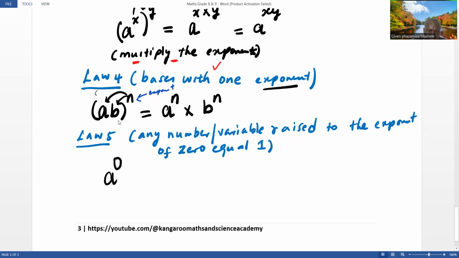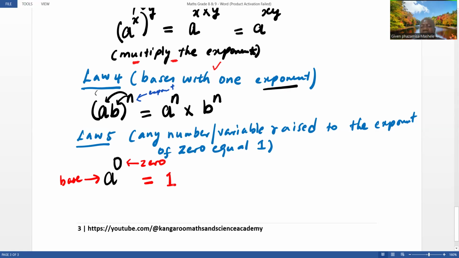Remember here our exponent is 0, and a is the base. So a raised to the power of 0 means we have one time where we are erasing it. The answer will just be 1.